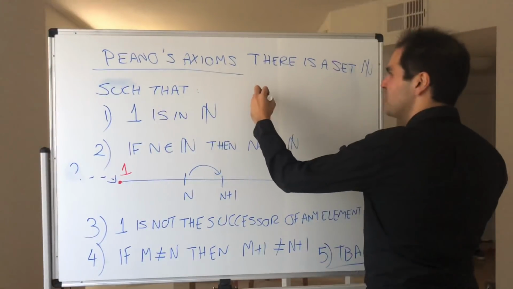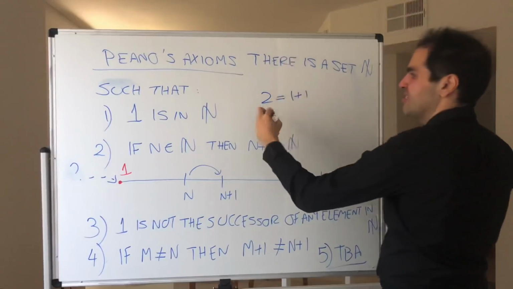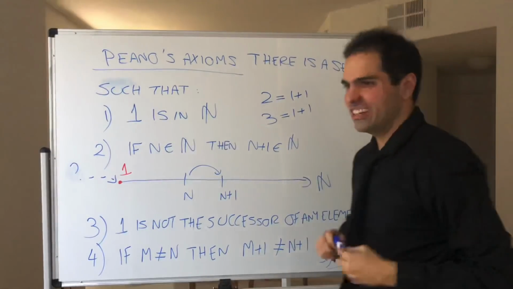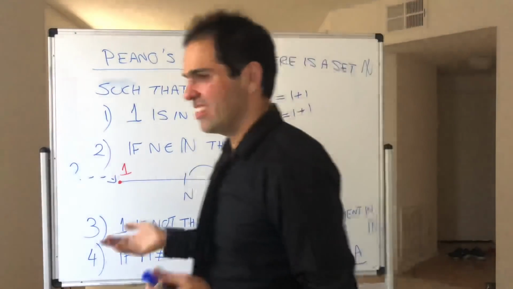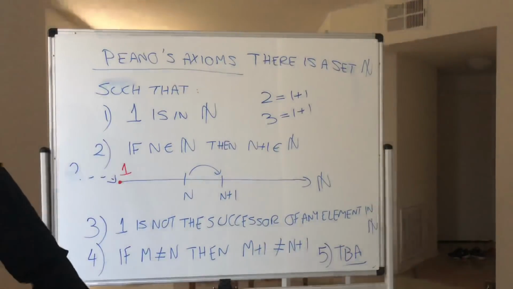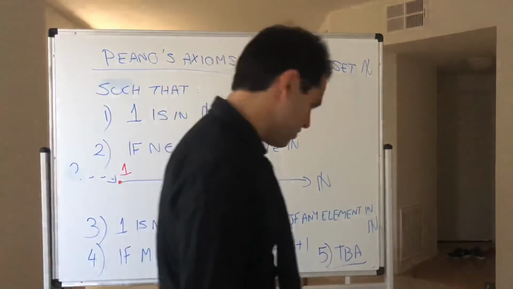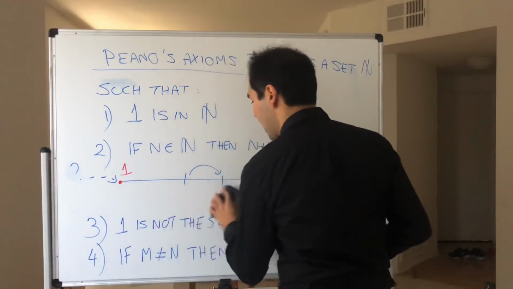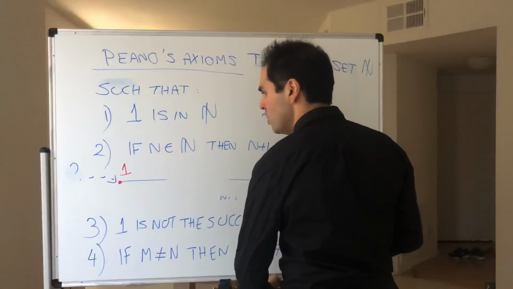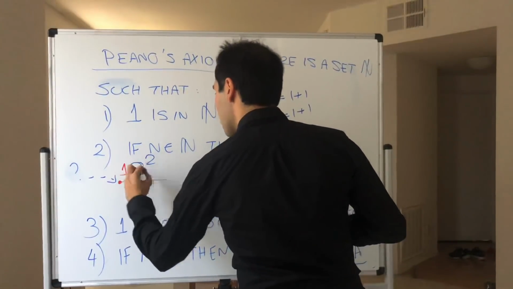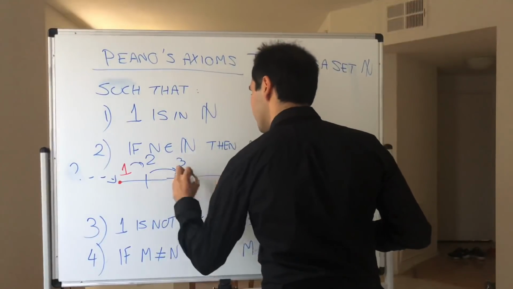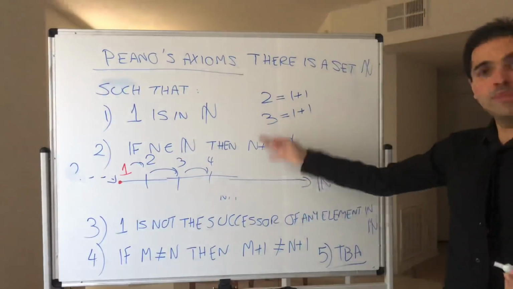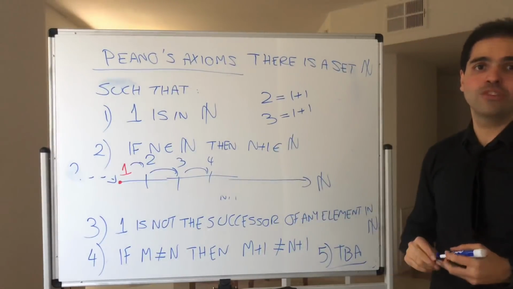So for instance, 2 is defined as just the successor of 1, 3 is defined as a successor of 2, 4 is defined as a successor of 3, etc., etc. And the question is, and that's quite interesting, because I told you that now we can define 2, we can define 3, and with successors we can define 4, etc., etc. But the question is, can we really define all the natural numbers that way?